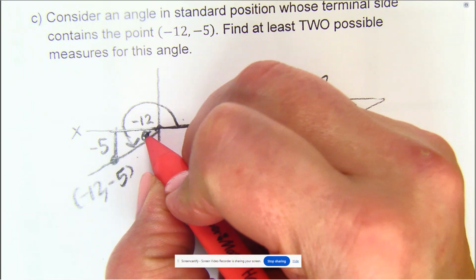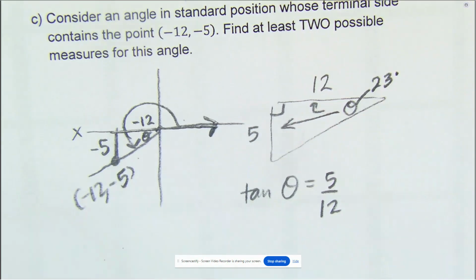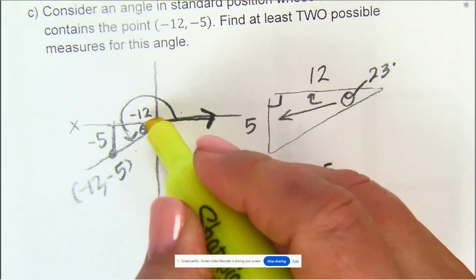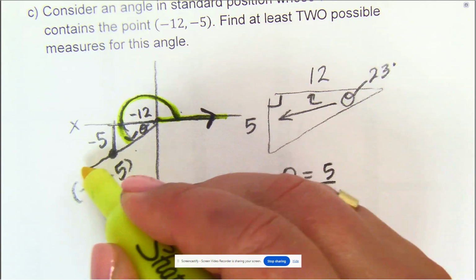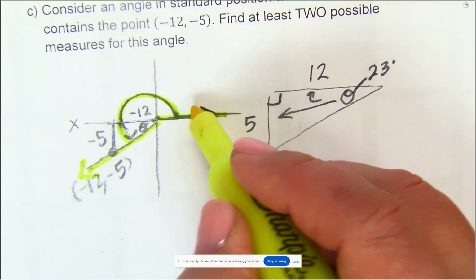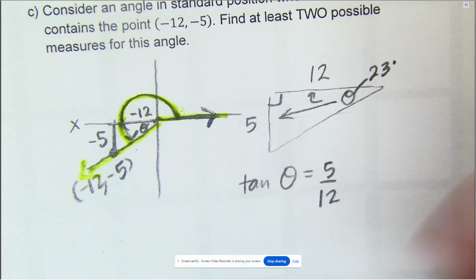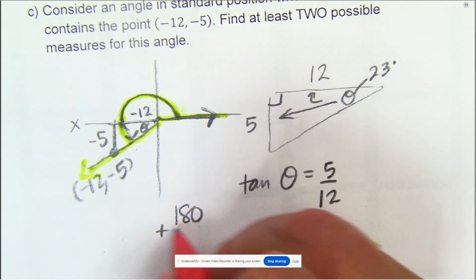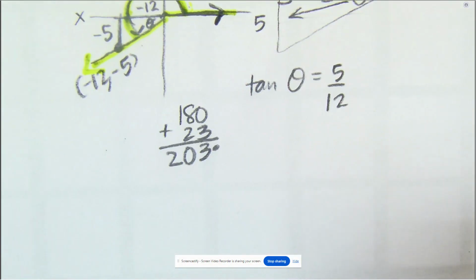This itself right here is 23 degrees. So my angle is starting here and going all the way to here and then there. This is 180 plus that extra 23. So 180 plus the 23, 203 degrees.